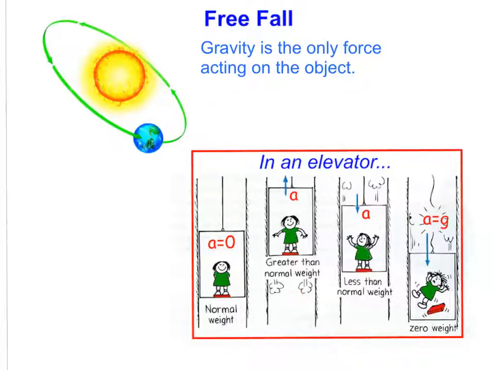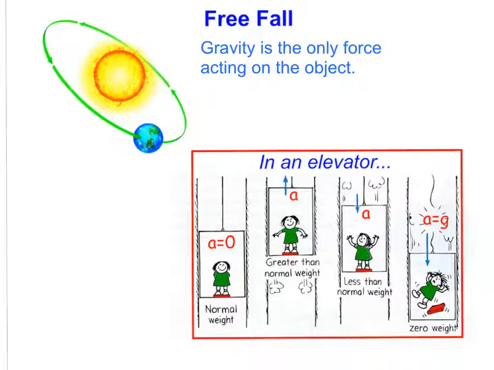This would be definitely greater weight than she was experiencing here, greater force. If, in fact, the elevator is going down and she's standing on a scale there, she's going to see that the scale shows less than her normal weight because she's traveling in the same direction as the gravitational force.